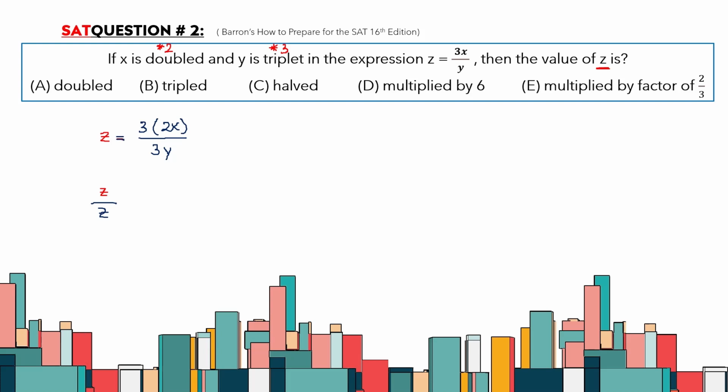So we can write, continue to simplify the new z. We cancel that 3, we have 2x over y. So 2x over y.